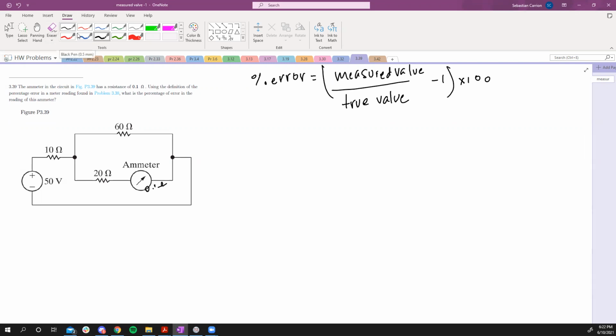So I'll do the universal method. This is going to be our ground.